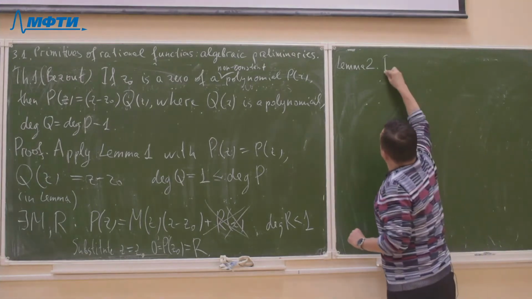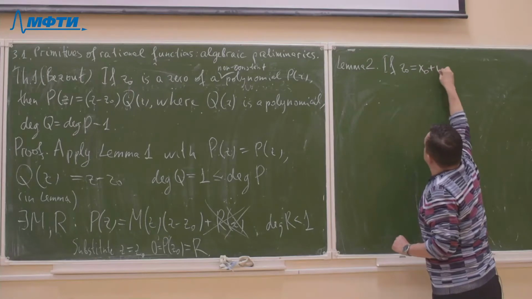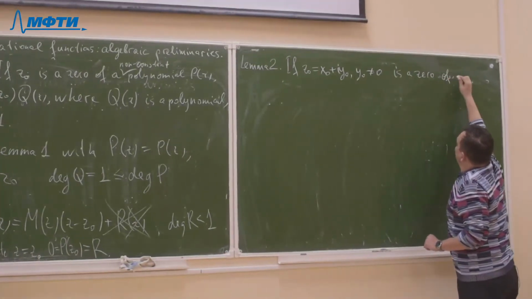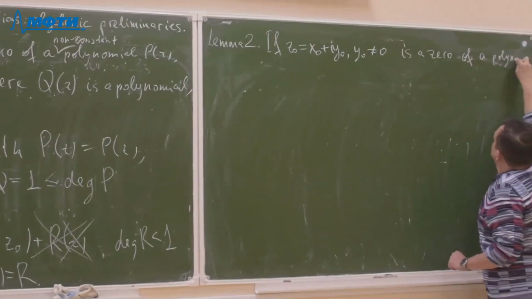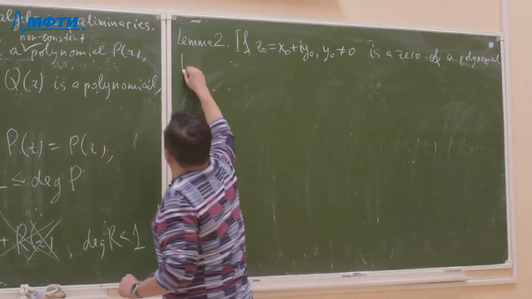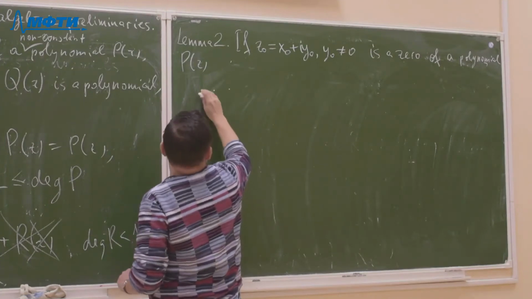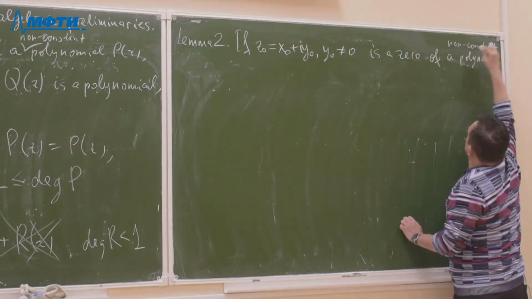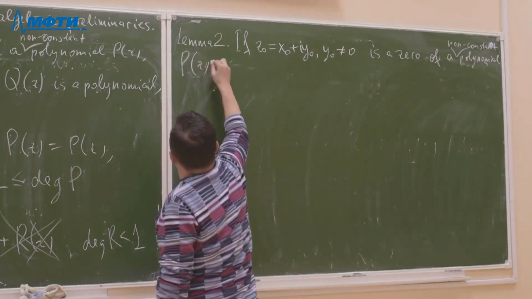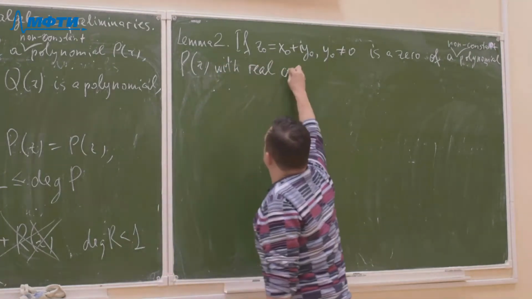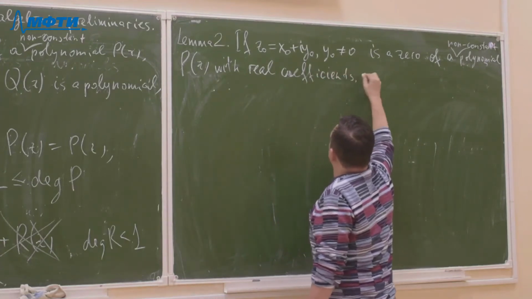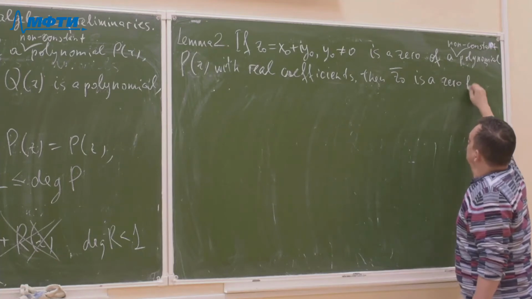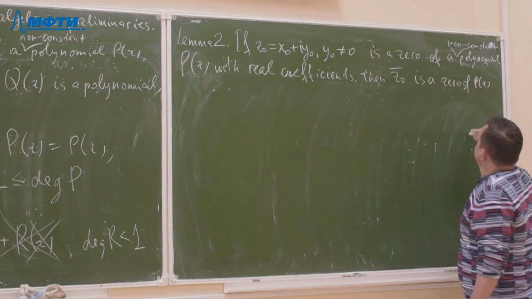So if z naught equals x naught plus i y naught, not equal to 0, is a zero of a non-constant polynomial p of z with real coefficients, then z naught bar is a zero of p of z as well.